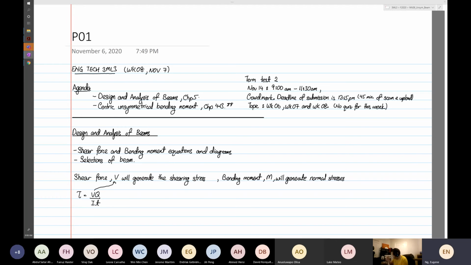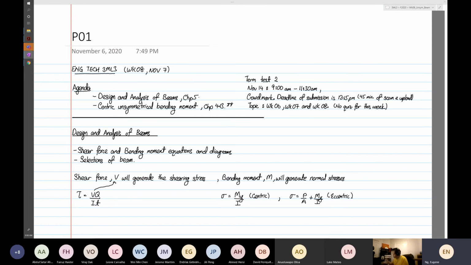So normal stresses, the formula is stress is equal to My over I. So this is for centric, and for eccentric, stress is equal to P over A plus or minus My over I. Okay, which we had done last week. Eccentric loading.